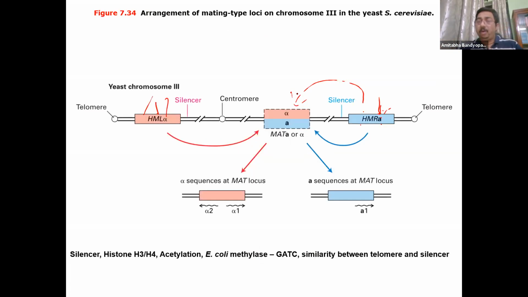It is so interesting that if you artificially clone and introduce the E. coli gene for a methylase, which can methylate a sequence of GATC, then you will see that this methylation is absent in yeast.